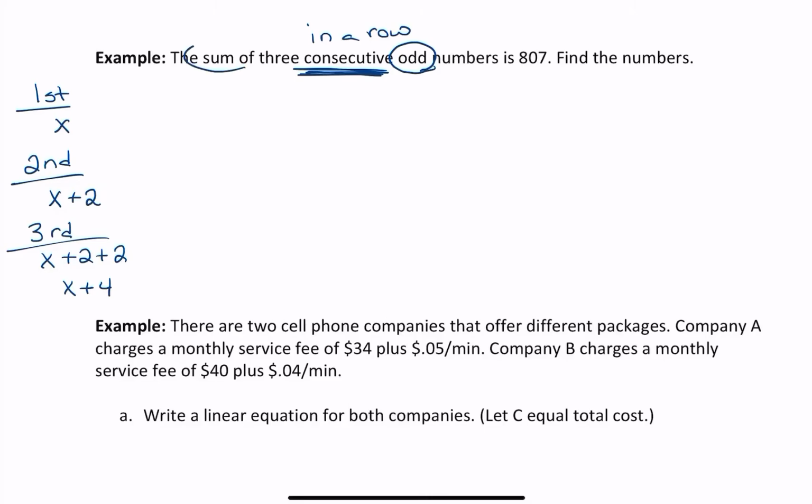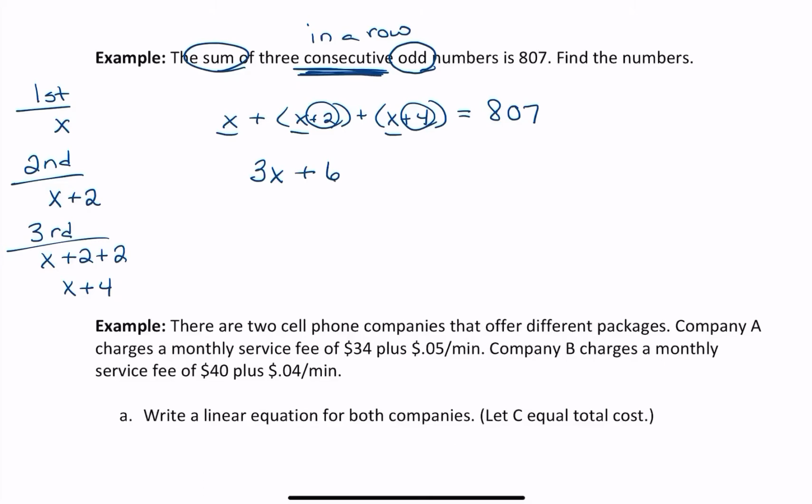So the sum of these will be x plus x plus 2 plus x plus 4 equals 807. And I can just drop my parentheses because it's addition. So when I combine like terms, I've got 3x plus 6 equals 807.